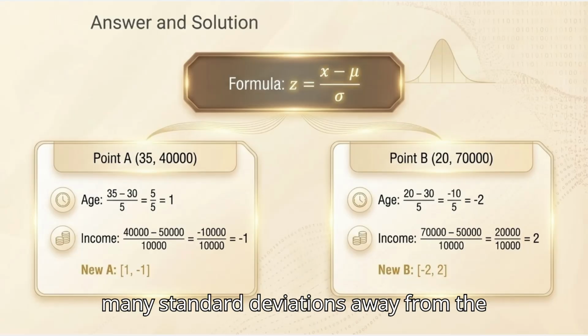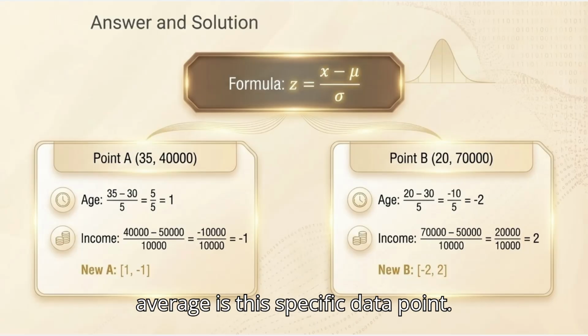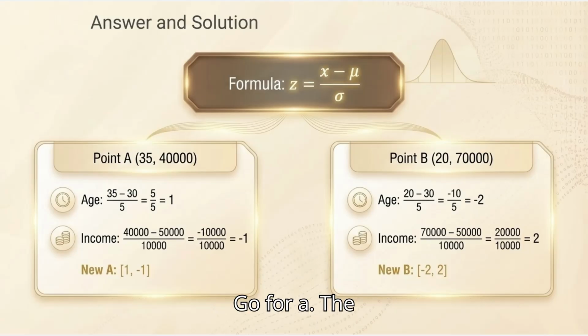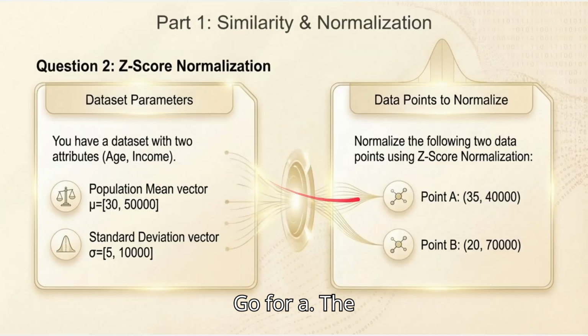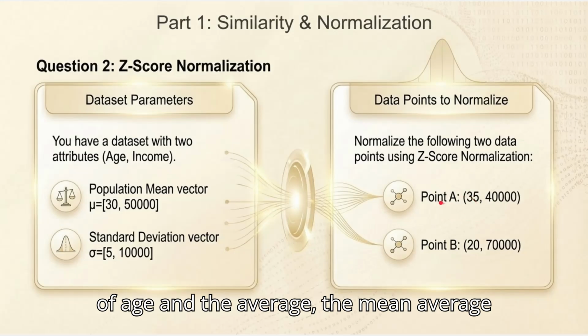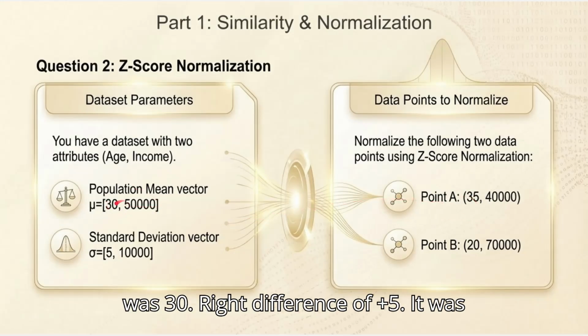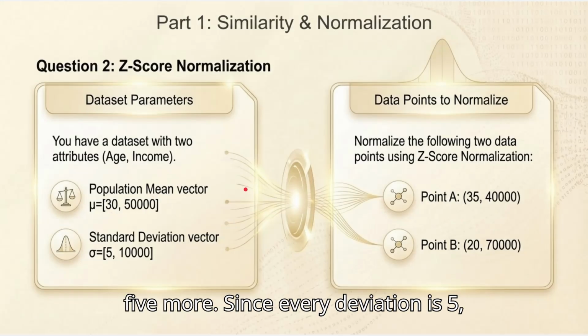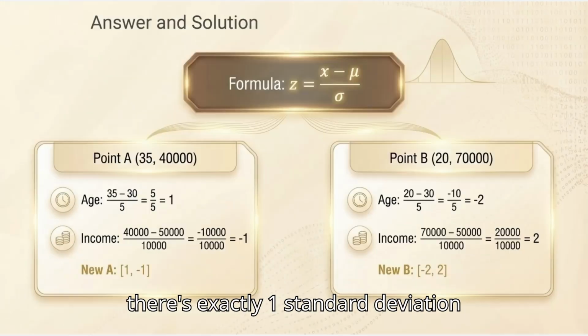Basically, we're asking how many standard deviations away from the average is this specific data point? So for A, the age was 35 and the mean average was 30, a difference of positive 5. Since the standard deviation is 5, they're exactly one standard deviation above the mean.